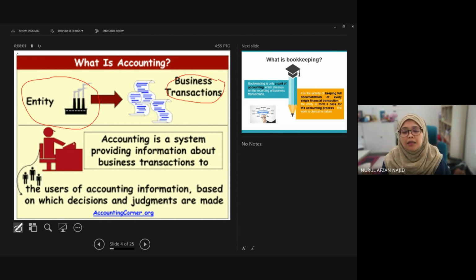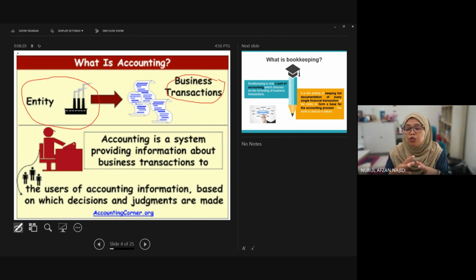Kita tak mampu untuk mengingati semua transaction yang berlaku dalam bisnes tu. Sebab transaction tu mungkin berlaku bukannya satu hari satu. Mungkin dalam masa 1 minit boleh berlaku macam-macam transaction yang berlaku.